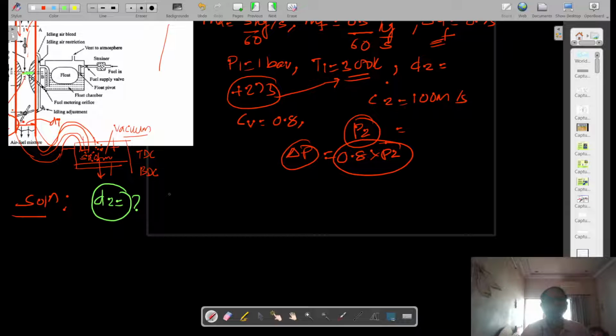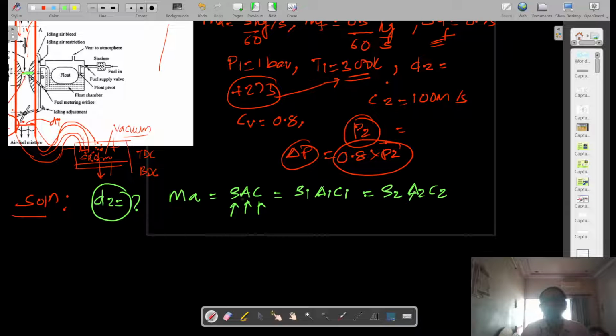I can calculate this if I know the mass flow of the air. Generally the mass flow of air can be written as rho A C, where rho is the density, A is the area, and C is the velocity. So at the inlet and outlet of the venturi, I can write rho 1 A1 C1 equal to rho 2 A2 C2.